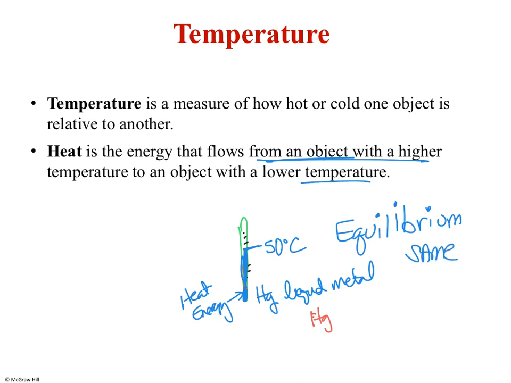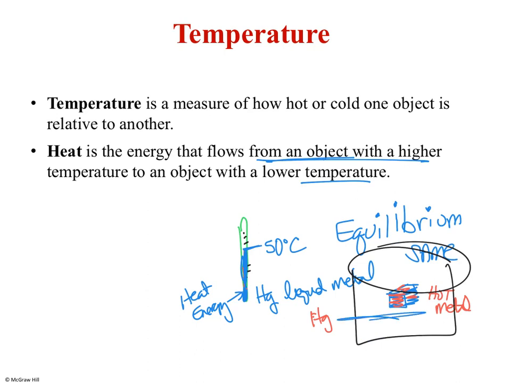So if you put a piece of metal, let's say this is a hot piece of metal, and you put it in a cup of cold water and you let it set. Eventually, the hot metal is going to cool down and the cold water is going to become hot water. So the heat energy, the kinetic energy, is going from the hot metal to the cold water to get the same temperature.